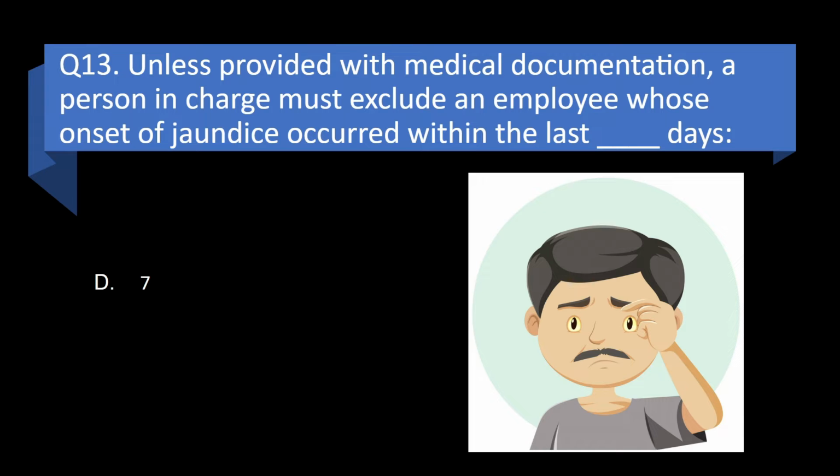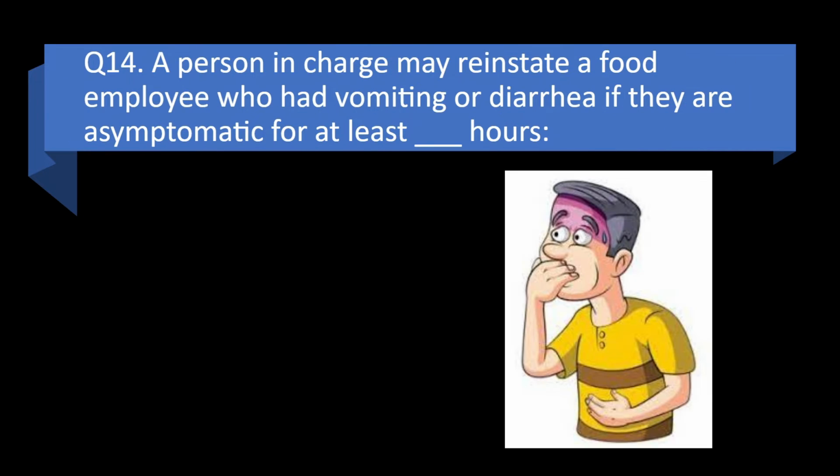D. 7. Question 14. A person in charge may reinstate a food employee who had vomiting or diarrhea if they are asymptomatic for at least blank hours. 12, 18, 24, or 48. C. 24.